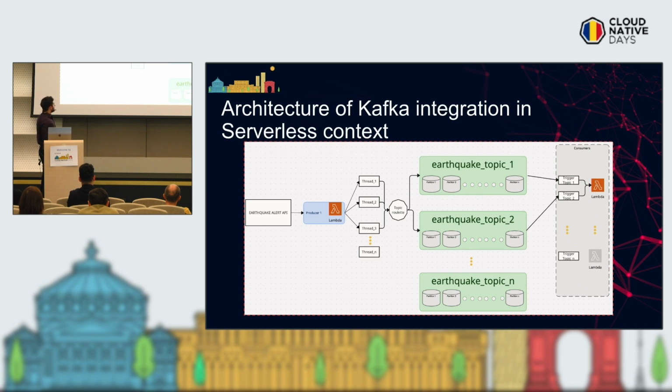We aim to put every notification on a certain partition, and every partition then triggers a certain code execution for the consumers. In a parallel way, every partition will have its own Lambda execution, so its own notification for a certain client.